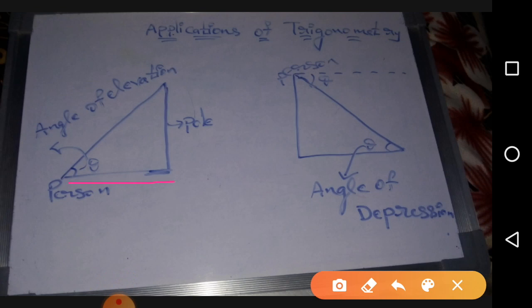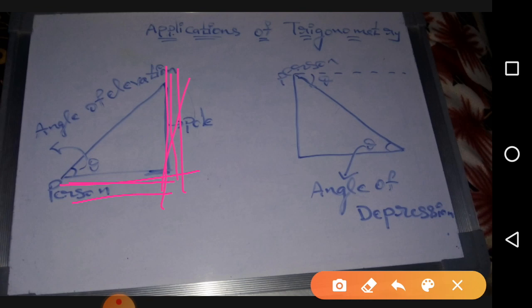Here this horizontal line represents the ground, and this is a vertical line. It represents a pole. Just remember this point: whenever there is a representation of a tree, pole, or something which has some height, let's say even a mountain, you just have to draw a single vertical line.